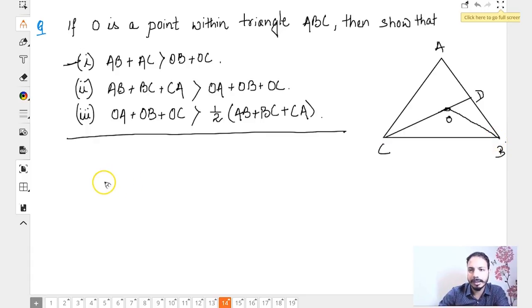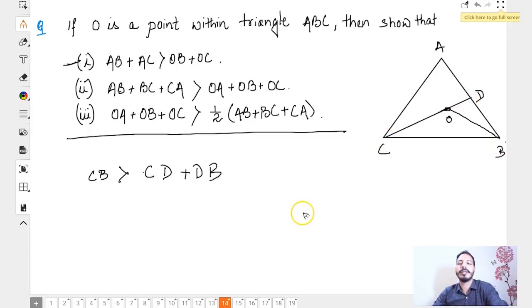So what I can say is CB is greater than CD plus DB in the triangle CDB, right?